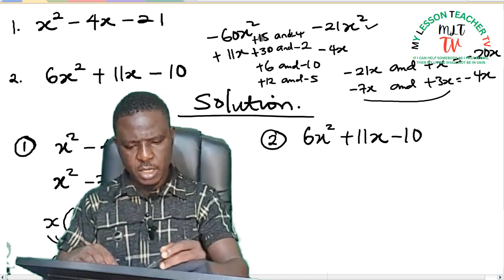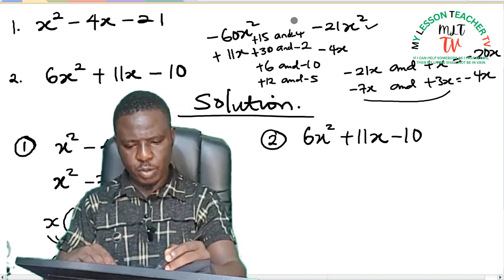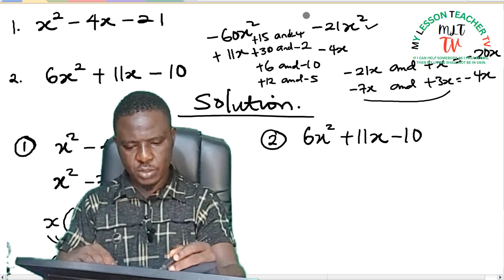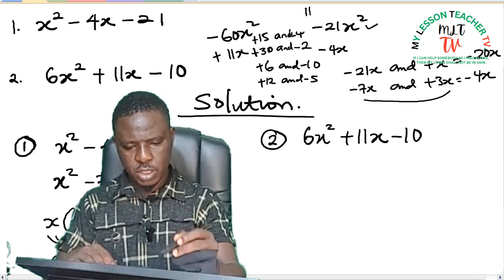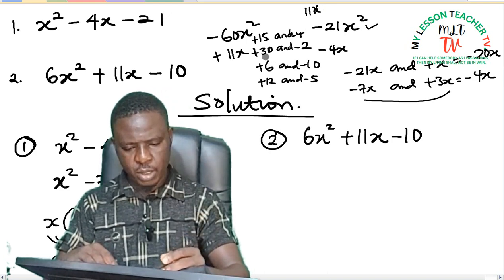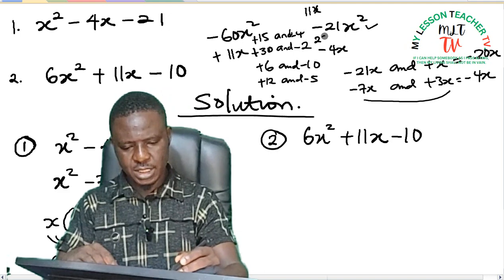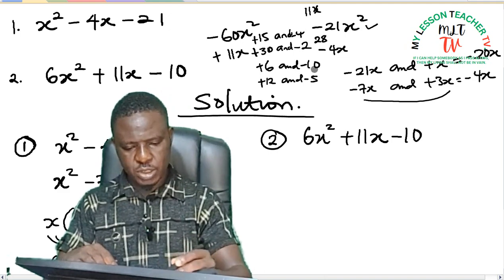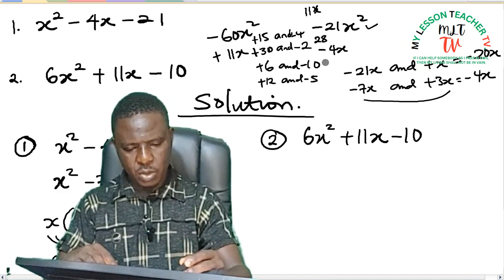So in this case, if you add up plus 15 minus 4, it gives you 11x, and I think that is the answer. Plus 30 minus 2, you have 28. Plus 6 minus 10 will give us minus 4, and plus 2 minus 5 gives us plus 7.